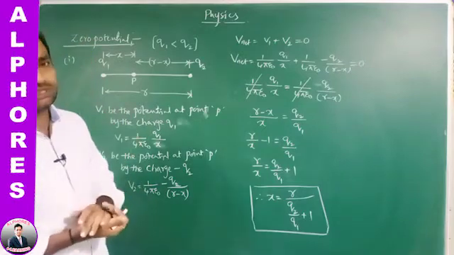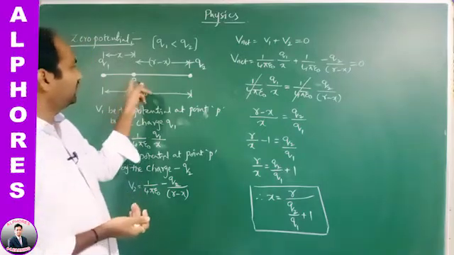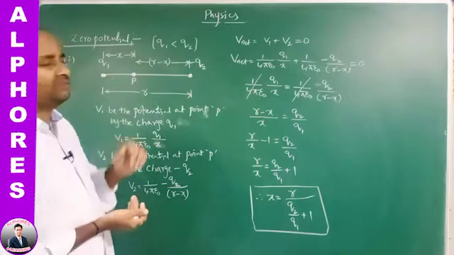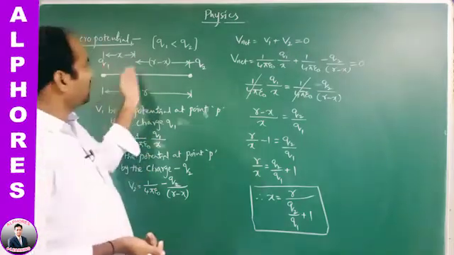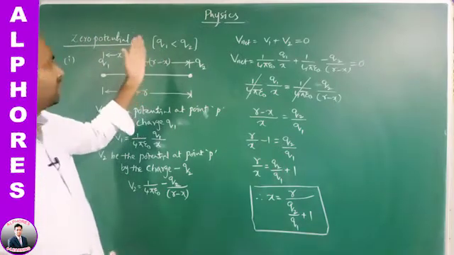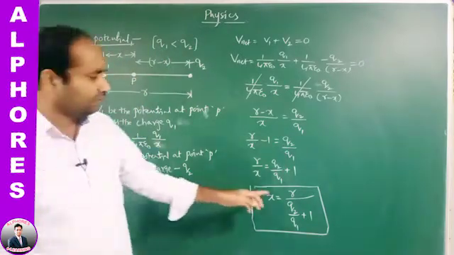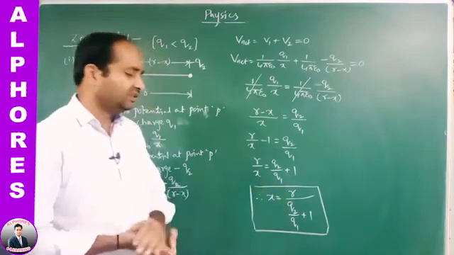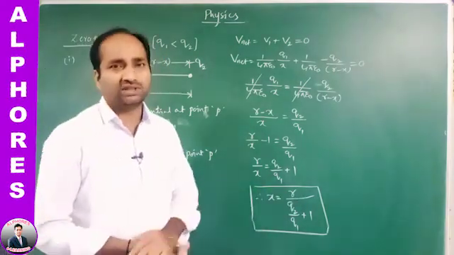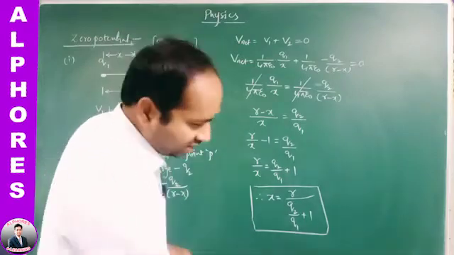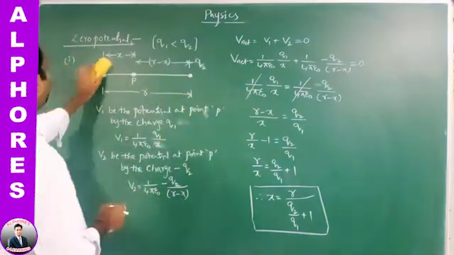Here the null potential is obtained in between the system of two charges. From the charge of lower magnitude, Q1, the null point is obtained at a distance of x equal to R by (Q2 by Q1 plus 1). Next, coming to the second case.